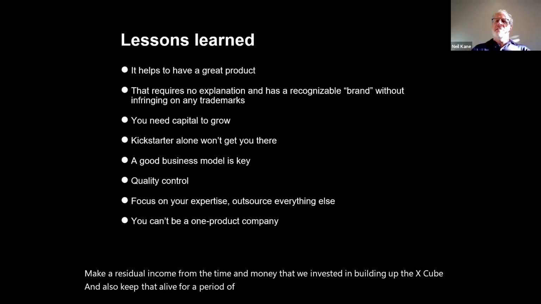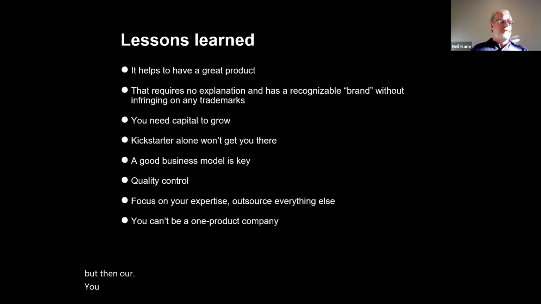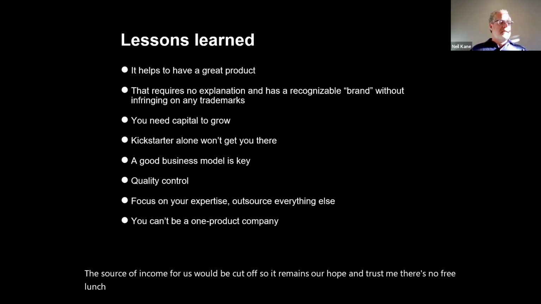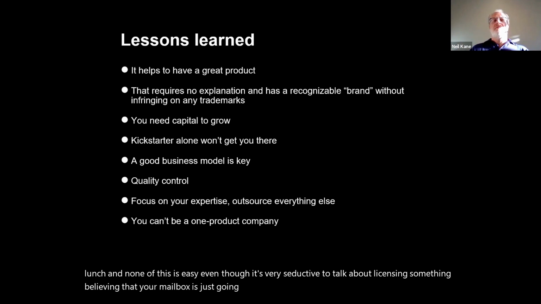If we sold the business, we might get some payoff, but then the source of income for us would be cut off. So it remains our hope, and trust me, there's no free lunch, and none of this is easy, even though it's very seductive to talk about licensing something, believing that your mailbox is just going to fill up with checks from time to time, but it doesn't exactly happen that way.